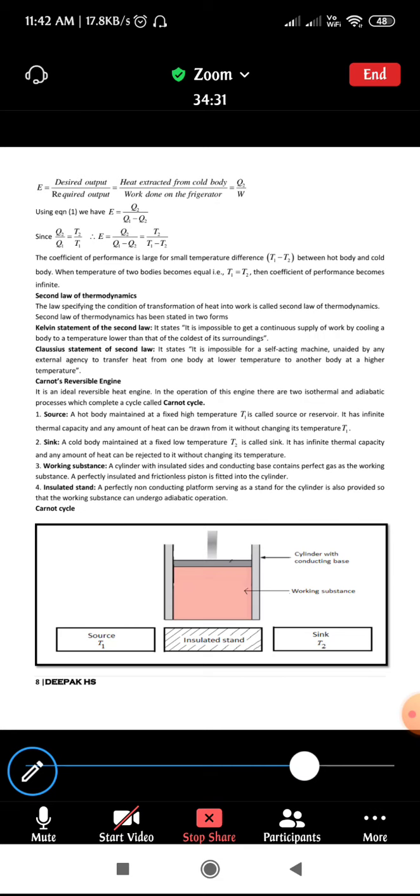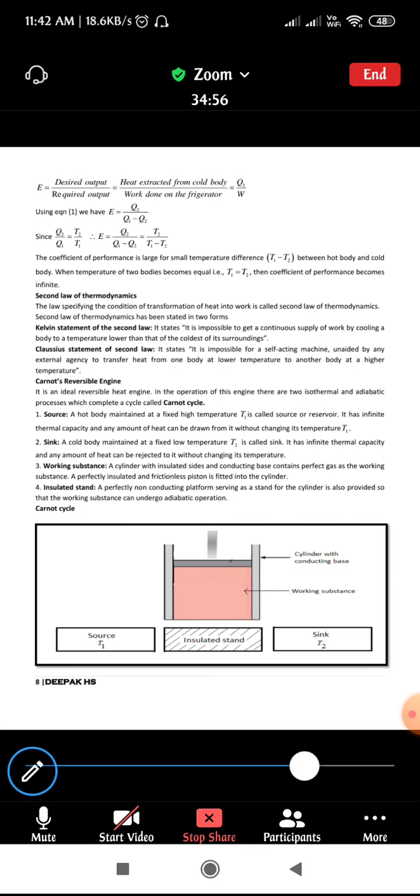The best example is coffee. When you prepare coffee, the temperature will be very high. Consider the coffee as the system. Leaving it for a few hours, the temperature of the coffee will be equal to the temperature of the surrounding. That means the temperature of the system will be equal to the temperature of the surrounding. Correct.